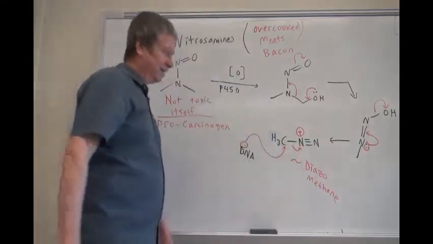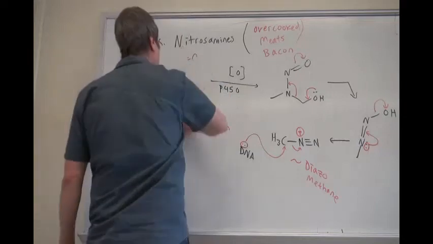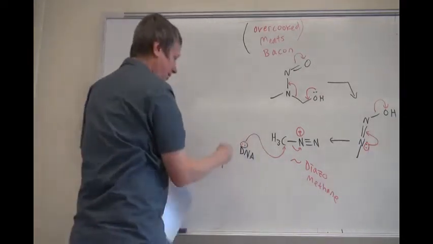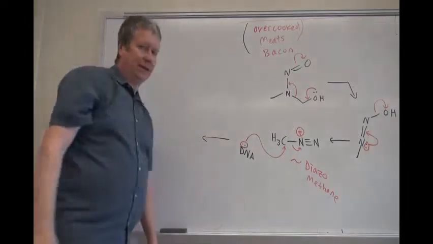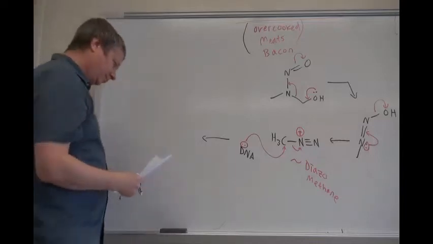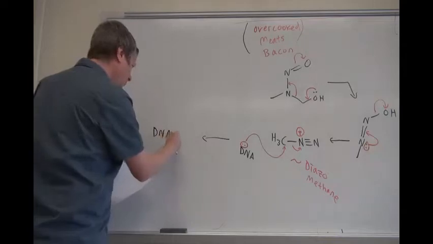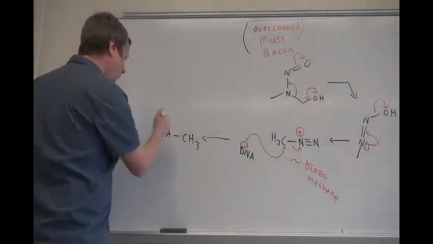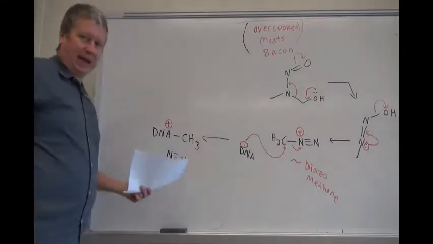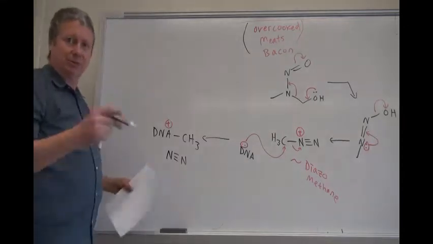It's going to attack it and kick off nitrogen. What does that give you now? Now you've methylated your DNA, just like before. And of course N2, the gas goes away, and you have the same kind of issue, and this can cause mutagenesis and cancer.